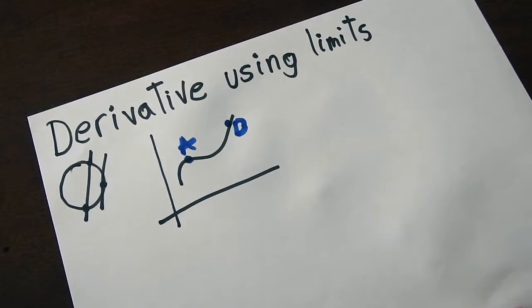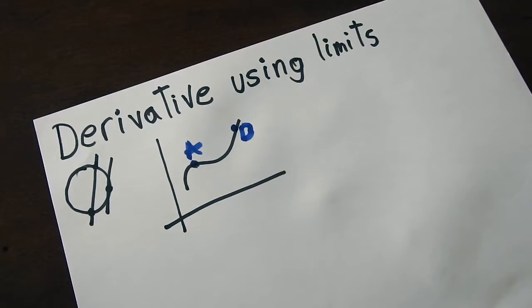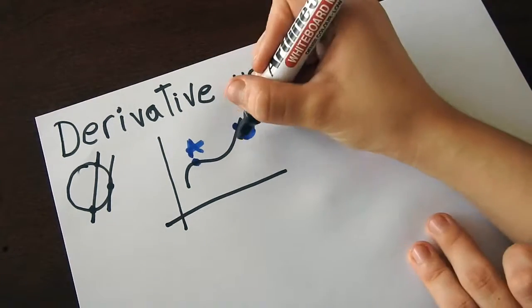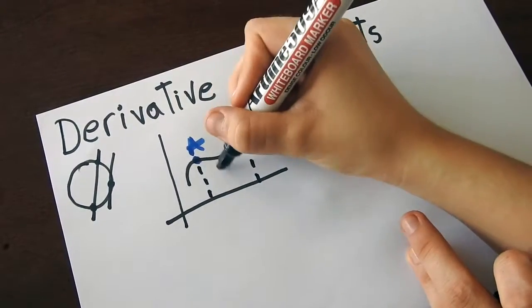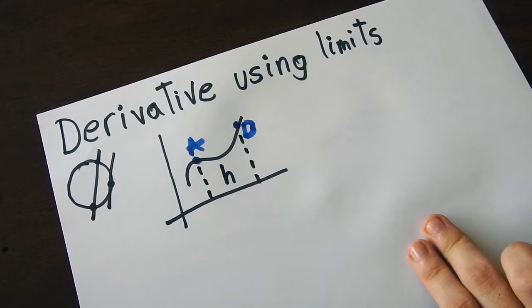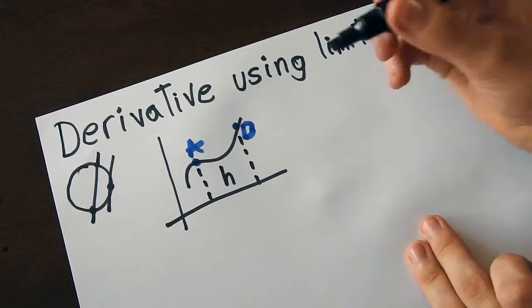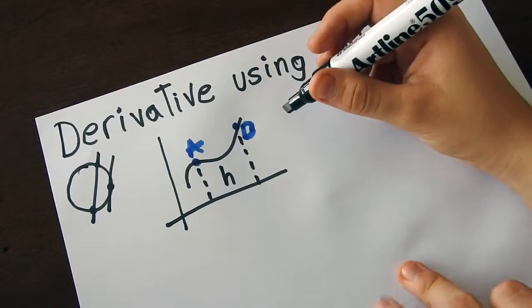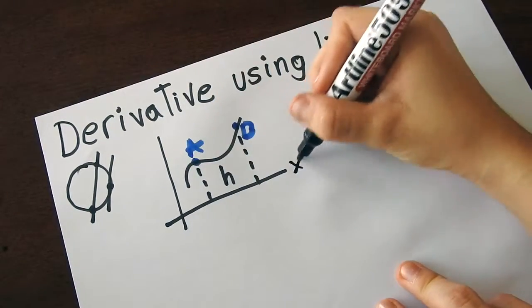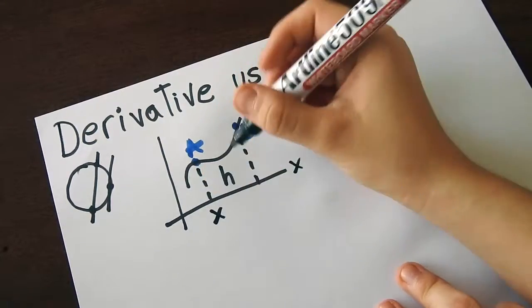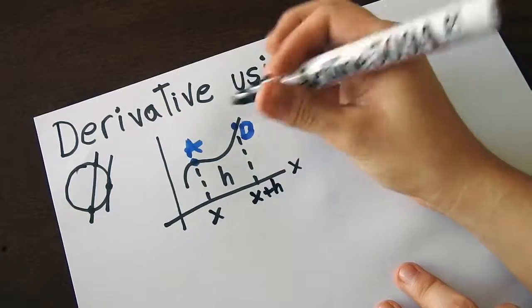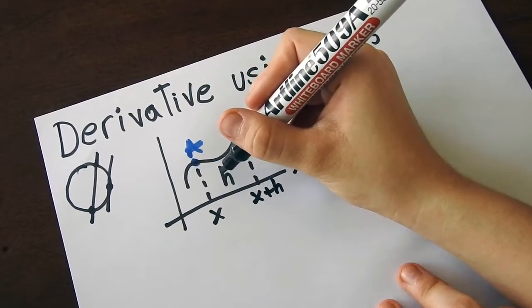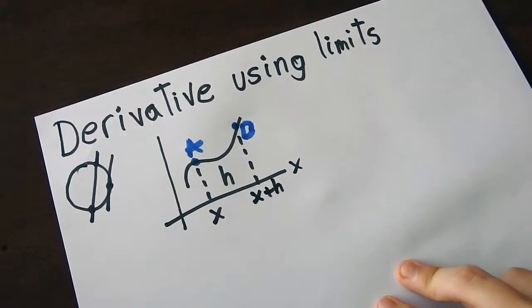Let's call the space between these 2 points H. The value of the initial point in this axis down here will be x, and the value of B will be x plus h, since we're adding the distance of h to the value of x.